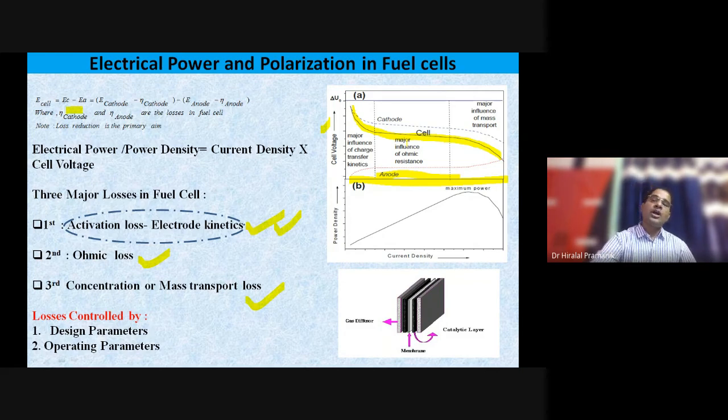If you draw the highest current, mass transfer losses will predominate. These losses can be minimized by designing the proper electrode and selecting the proper catalyst. So losses are controlled by design parameters and operating parameters.